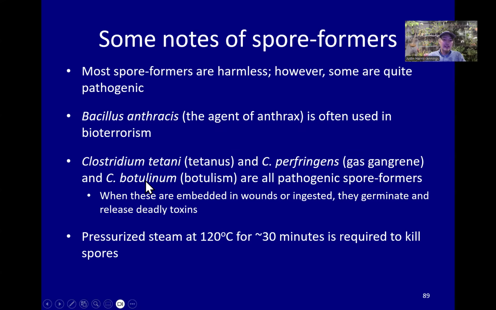You have gangrene and botulism, Clostridium botulinum, which is found in food products quite a bit, and it produces its endospores because it's in food products. And endospores are so hardy. It's a true risk when it comes to food safety. It's why, in part, for certain foods, we have to add this additional pressurized steam at incredibly high temps for long periods of time to actually sterilize these foods for proper canning safety.